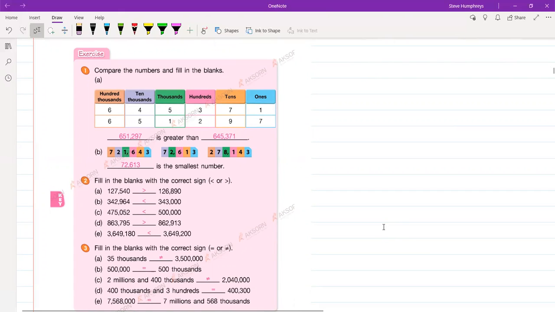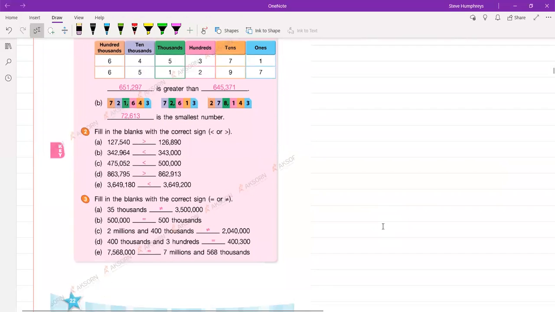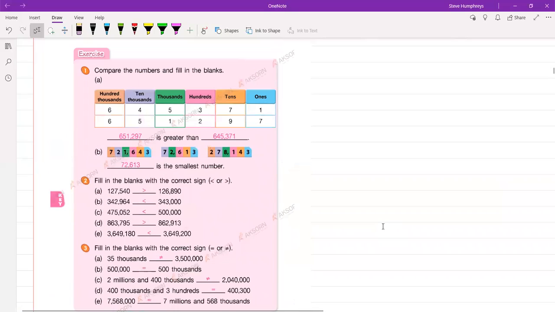Okay, students, you can complete page 22. Number 1A, compare these two numbers. Which one is greater than the other? B, you have 3 numbers. Which one is the smallest number? Write it on the line.